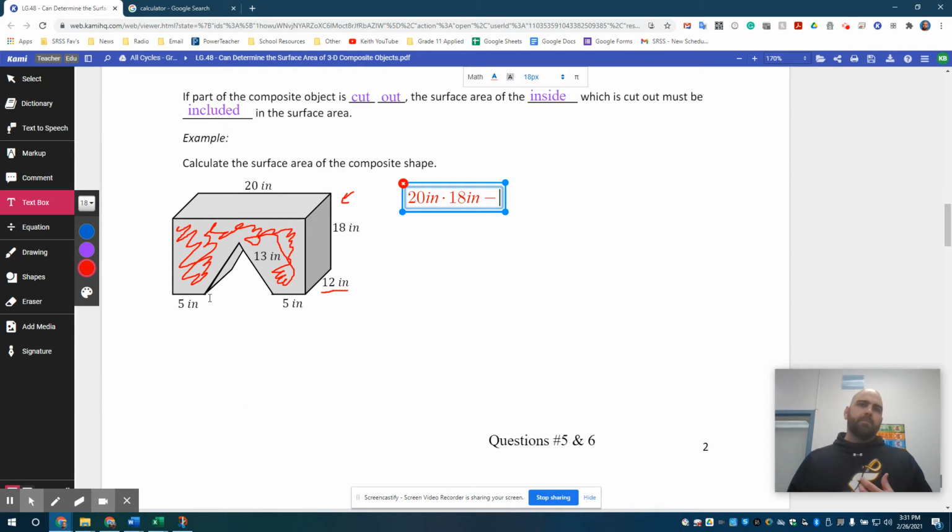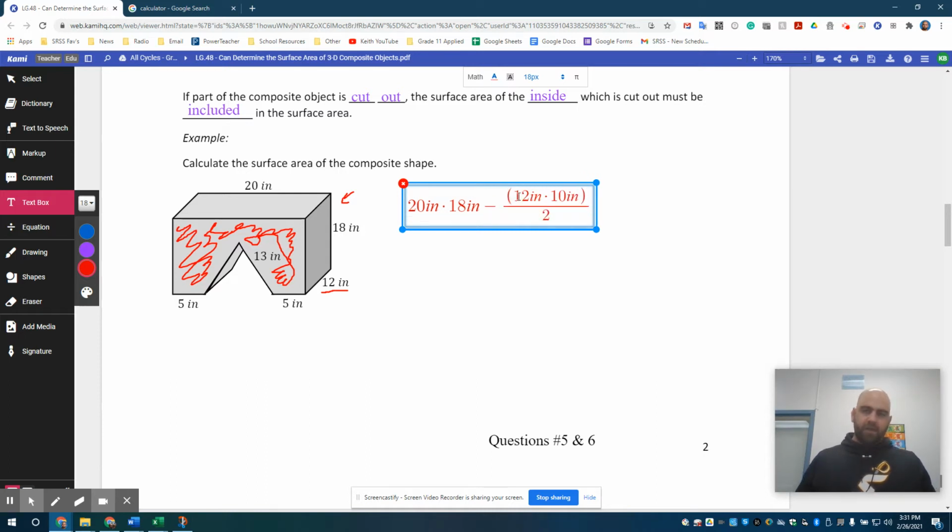So it's 12 by 10. So we do 12 inches times 10 inches divided by 2, and we're subtracting that from there. This is going to give us an area of 20 times 18 minus 12 times 10 divided by 2. So this is 420 inches squared.